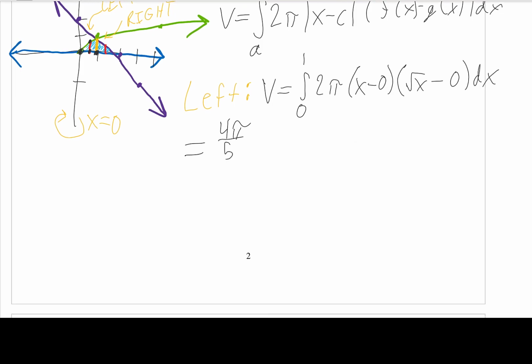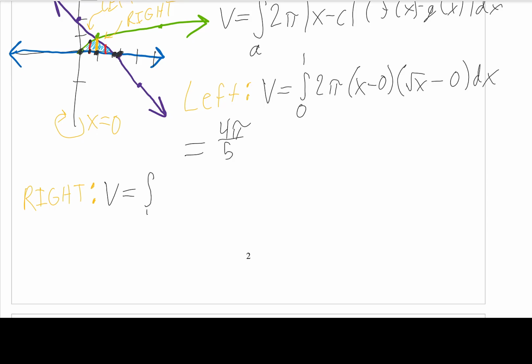Now for the right-hand side, we will have v equals the integral from, so now we're going from 1 to, so this should have hit more right at like this point right here.